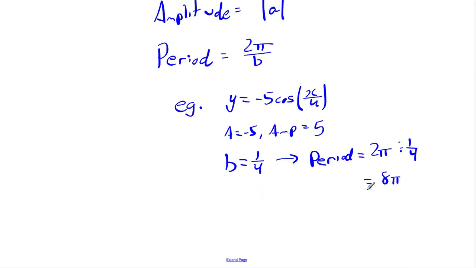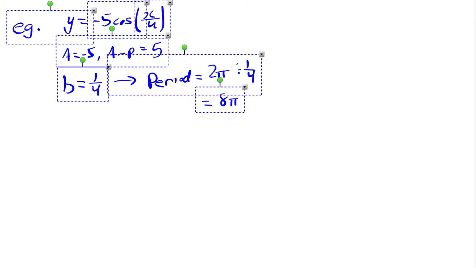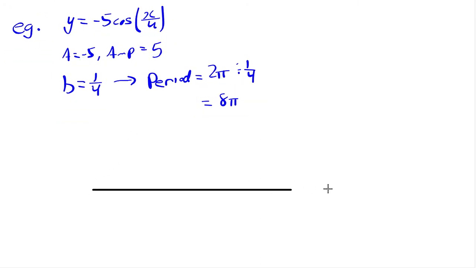If I want to graph this, we just want to graph one period. On my y-axis, I'm going to have the amplitude. So up here, I'm going to have 5 and negative 5.